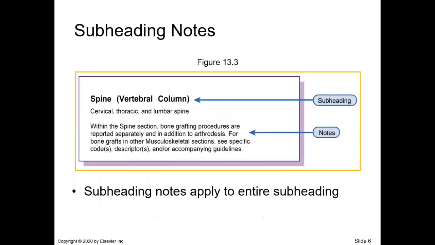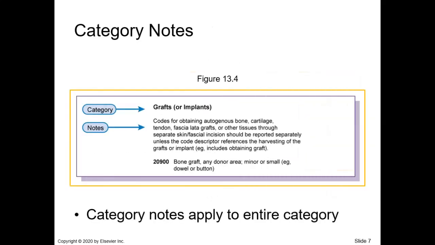Subheading notes. So for example, spine, vertebral column, it gives you great notes. Subheading notes apply to the entire subheading. So it would apply to everything in the spine and vertebral column subheading. Category notes.